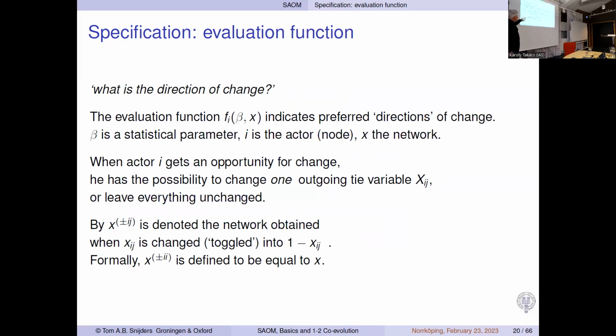Xij, the choice from i to j, which is binary, 0 or 1, is toggled, so 0 is changed to 1 or 1 is changed to 0. And that, given the network X, is the hypothetically new network X plus or minus ij. And we define X plus or minus ii as the network X itself.